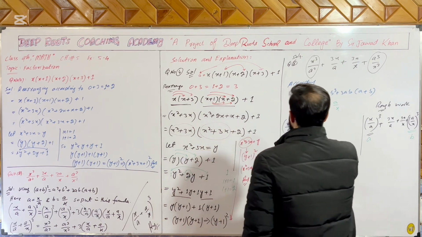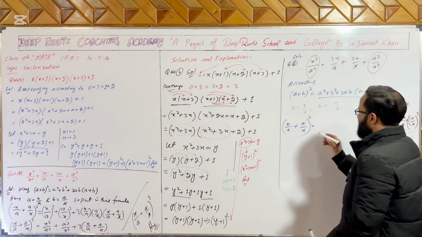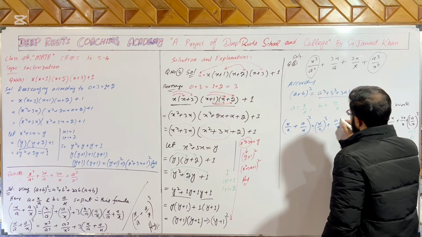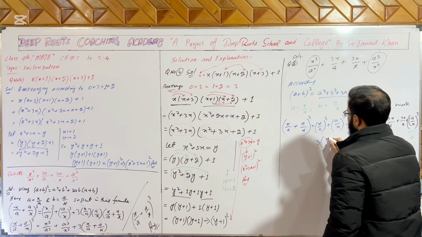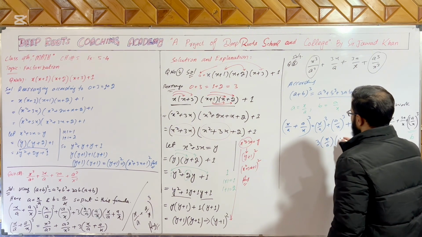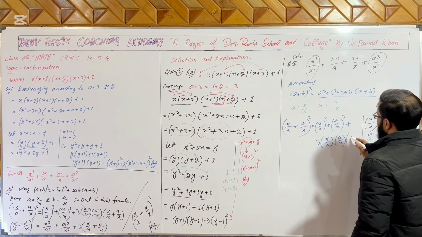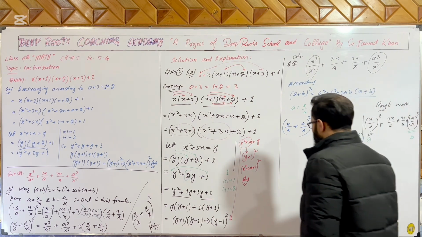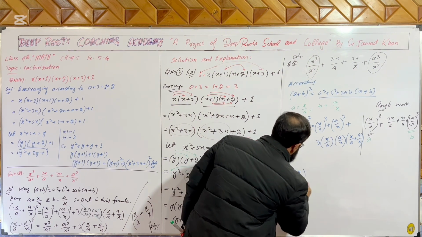Now by opening like this, I'll get a cube plus b cube plus 3ab into a plus b. Here a is x by a and b is a by x, into a plus b. So x by a plus a by x.